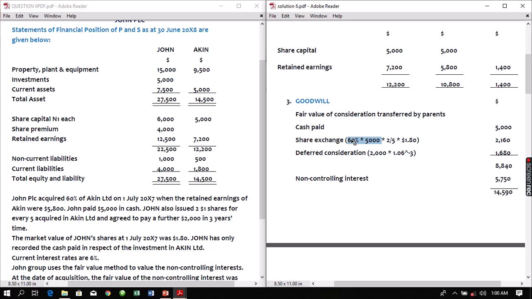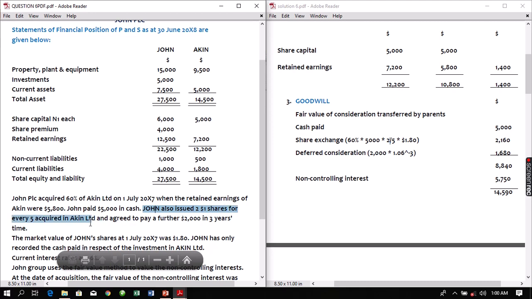But don't forget, we only want to give them 2 for every 5 we get in that company. That is why we come to this place. The question says John issued 2 $1 shares for every 5 acquired in Akin Limited. So we give 2 for every 5 acquired. Sometimes they may tell you we give 1 for every 3.